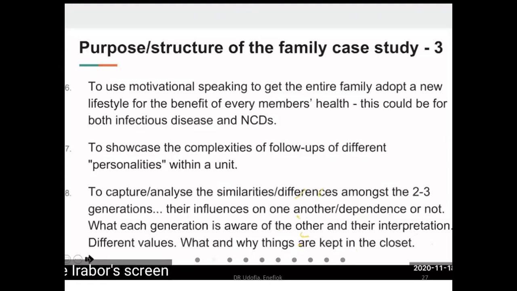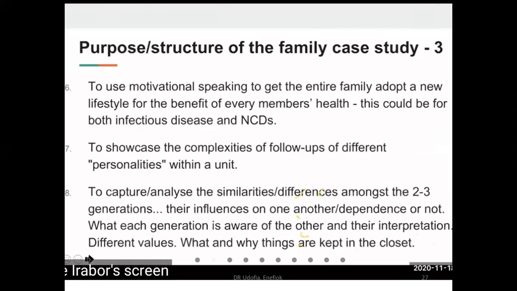Another aspect is to capture and analyze similarities and differences among 2 to 3 generations. Remember the family history, you have to draw your genogram for at least three generations, and see how what you are presenting or what the patient is having is maybe recurring in the family.